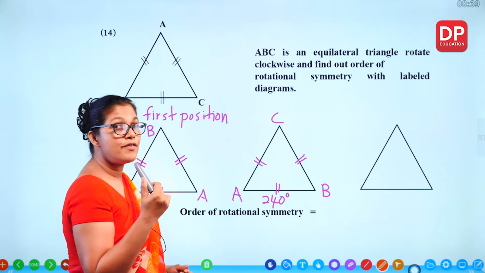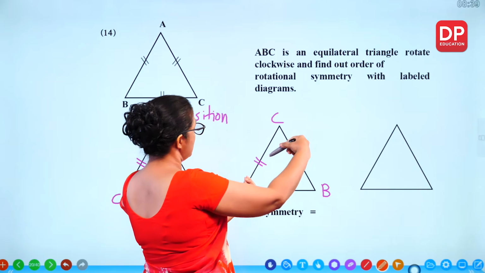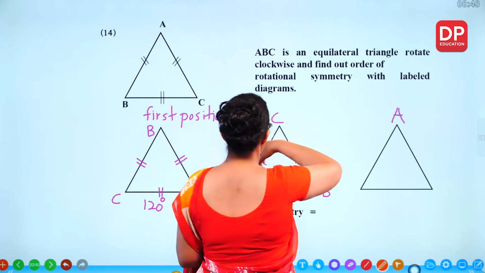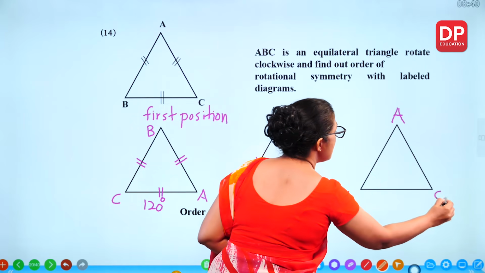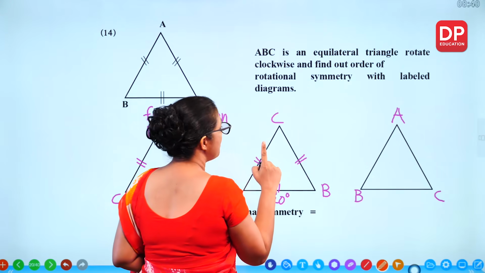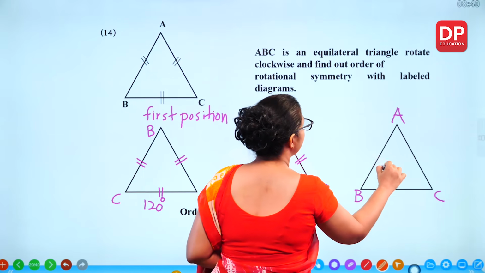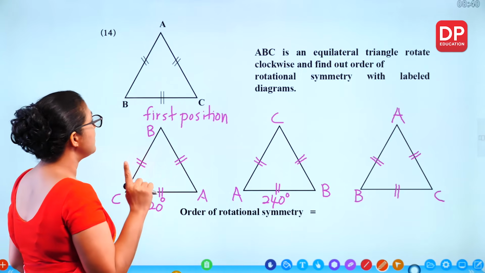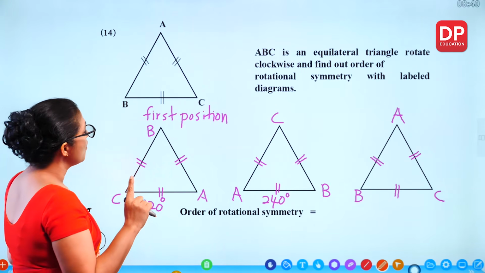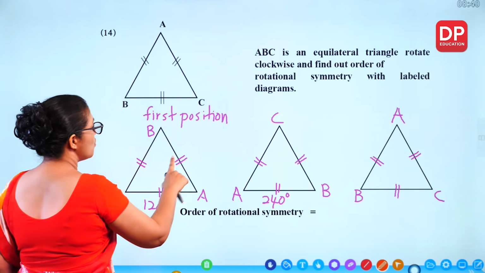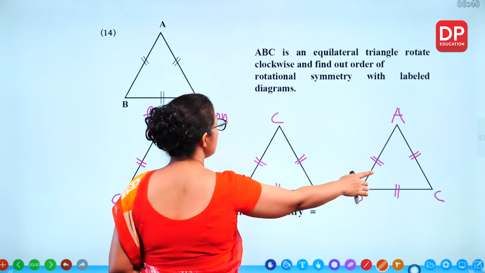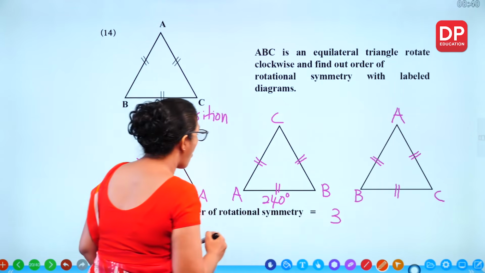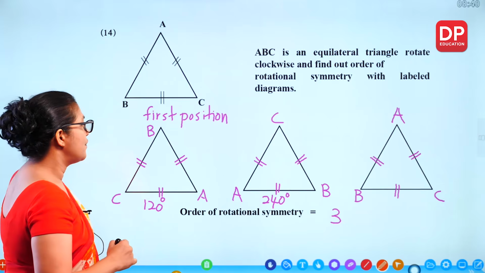Then another 120, when you rotate, you get the same position as A, C, B, the same position as the first one. So how many times do you get the same thing? We get 1, 2, 3, because we can't count the first position. So the order of rotational symmetry is 3.